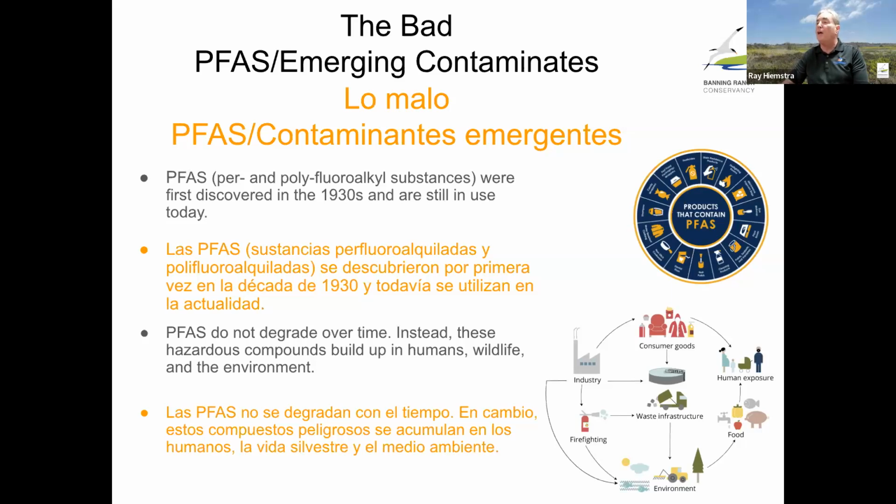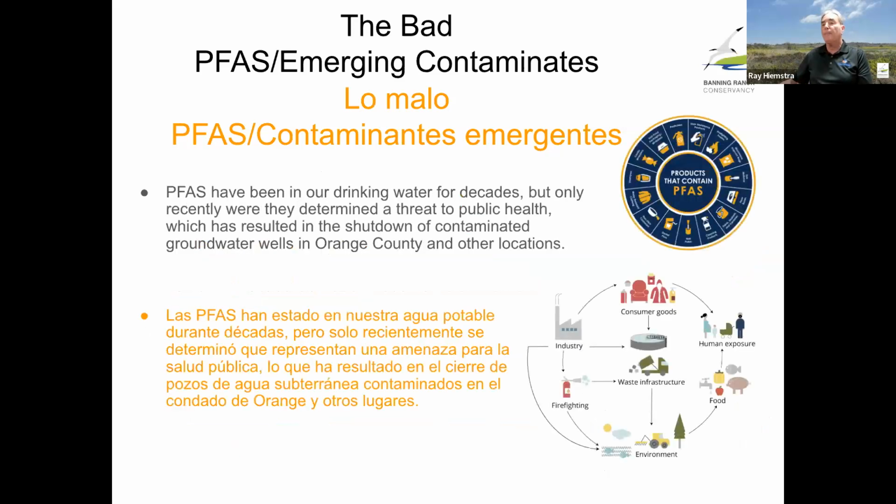Anything that you have that is waterproof, stain resistant, anything like that, most likely has PFAS on it. And we still use it to this day. So your nonstick pans, your waterproof rain jacket, all that type of stuff, that's PFAS. So it has a lot of uses, and it's a great product. And we thought for a long time that it was relatively harmless.